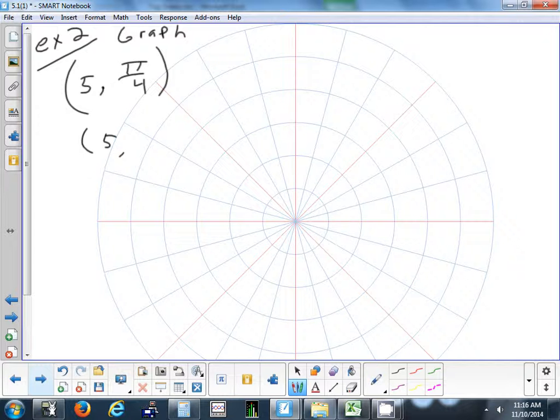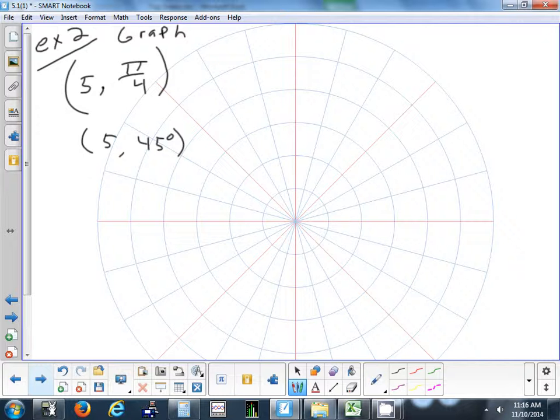All right. So first thing we might want to do is convert that into degrees. If you don't have to, if you know what it is, just graph it the way it is. Does anybody remember what pi over 4 is in degrees? Yeah? 45. Yeah, very good. That's a 45. All right, now we can graph it. Ashley, I'm going to go 5 units.